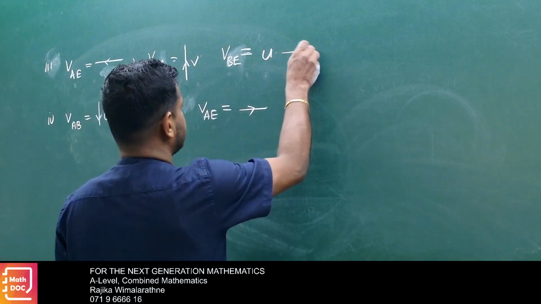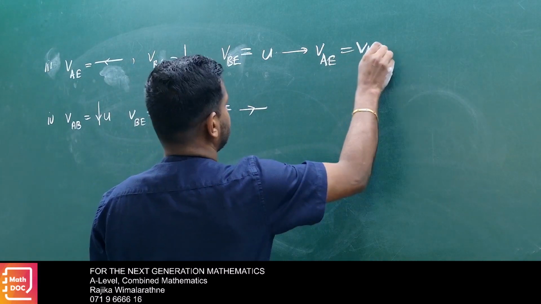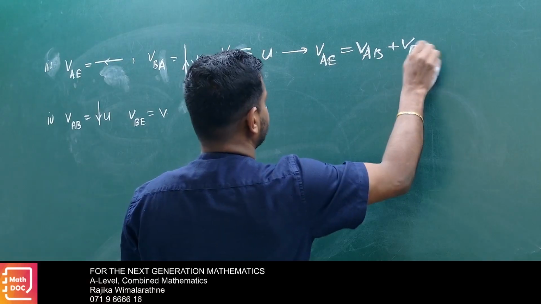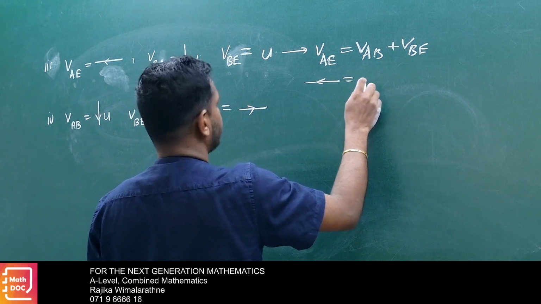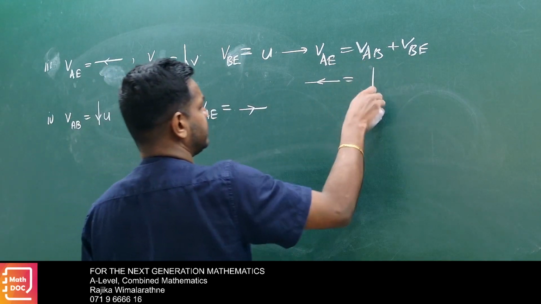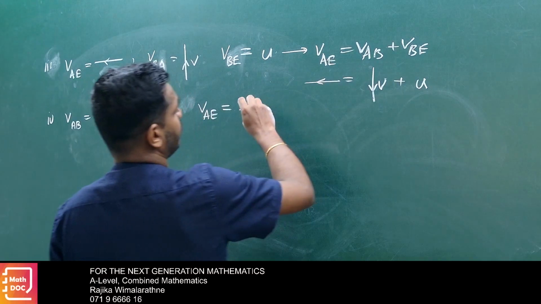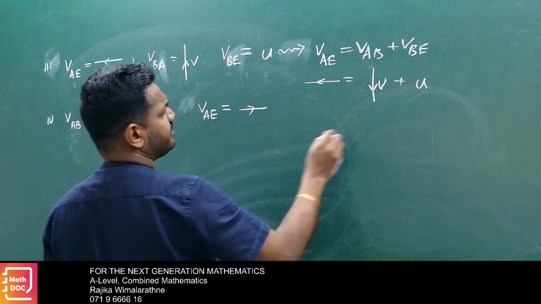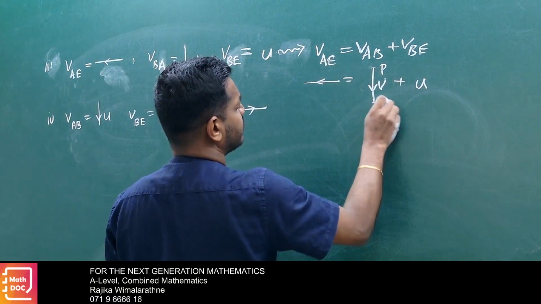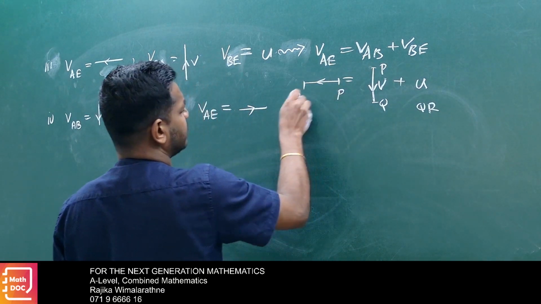Okay, here this one VAE, VAB, VBE, AE, AB, here AB opposite direction, V, BE, U. Then take PQ, here the QR vector, here the PR vector.